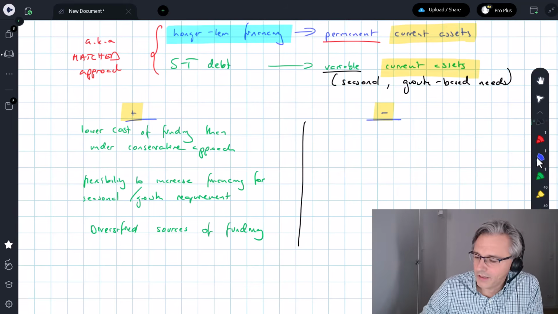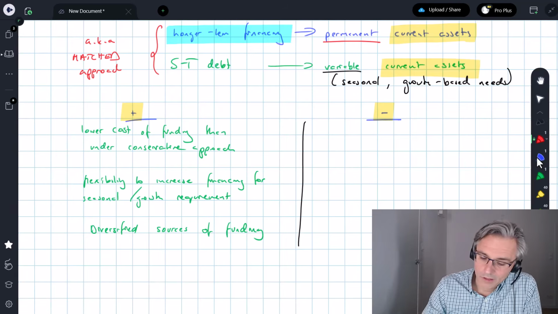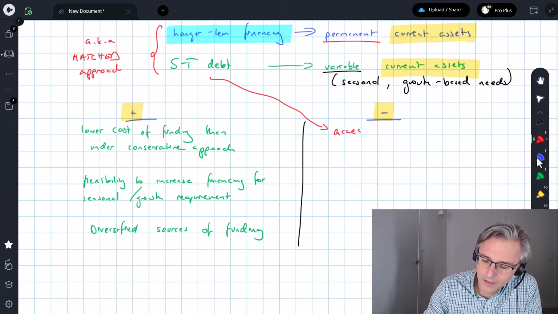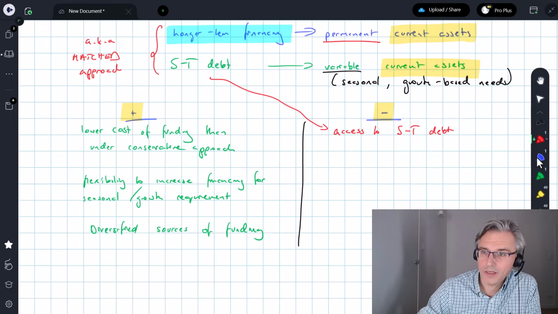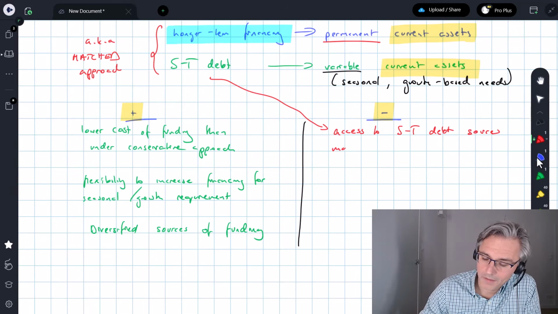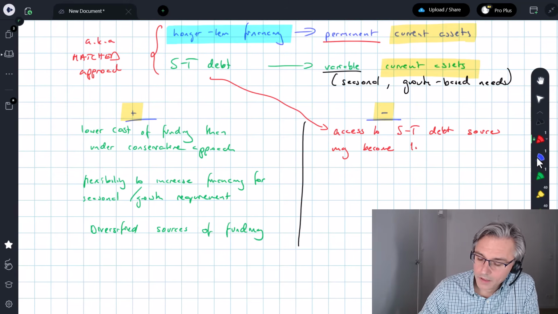On the flip side, on the negative side, your book says, well, you are using short-term debt and access to it may dry up. Debt sources may become limited. Obviously, you could say the same thing about the aggressive approach.